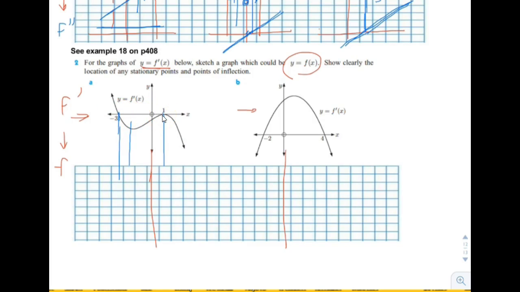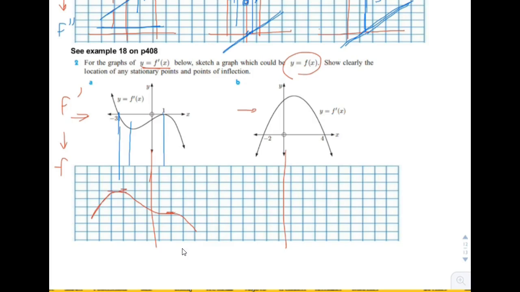Okay? So let's try to follow what they're doing here. First it's a positive slope, so we're going up, going up, going up. Then it's flat, and then it's a negative slope. Then it's flat, and then it's a negative slope again. So it's flat here, and then a negative slope, and here it's also a negative slope, right? And then it's flat here, and then it's a positive slope. So it kind of looks like this.